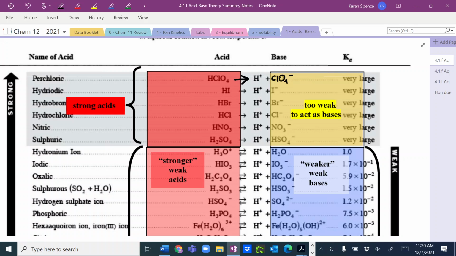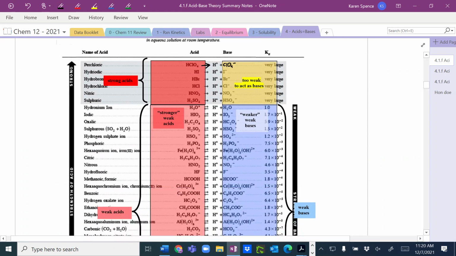Up at the side here, we have these arrows where it says strength of acid. So even within the weak acids, we have weak acids which are stronger. A larger percent is going to be dissociated. Yes?